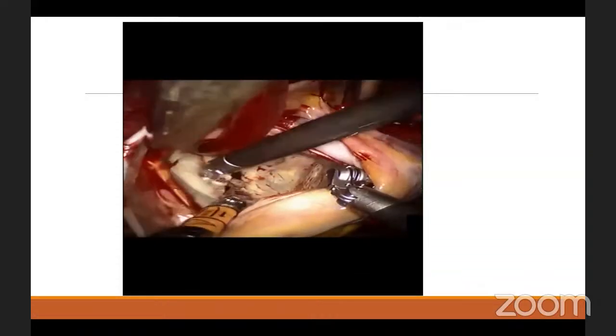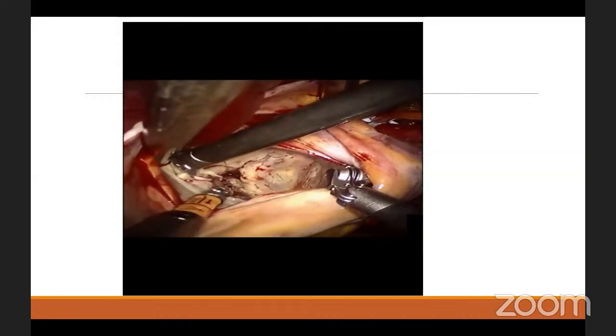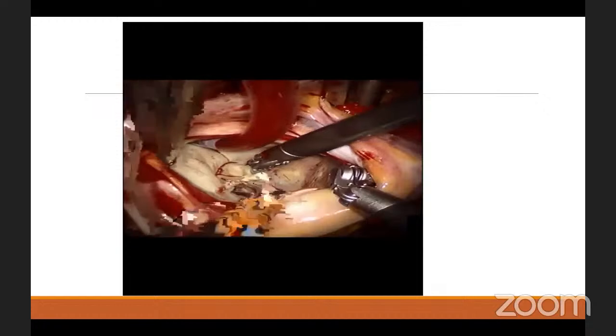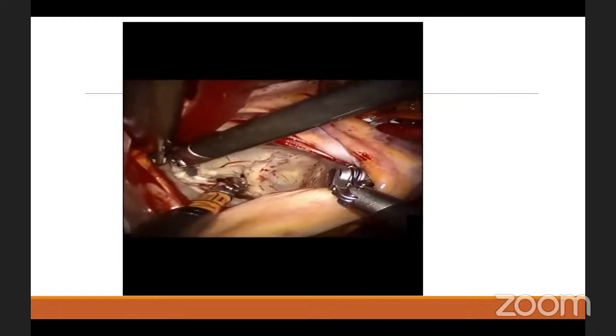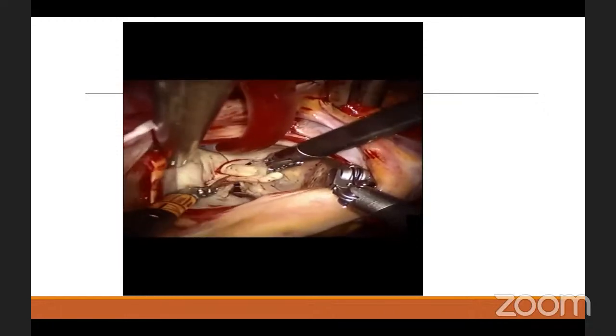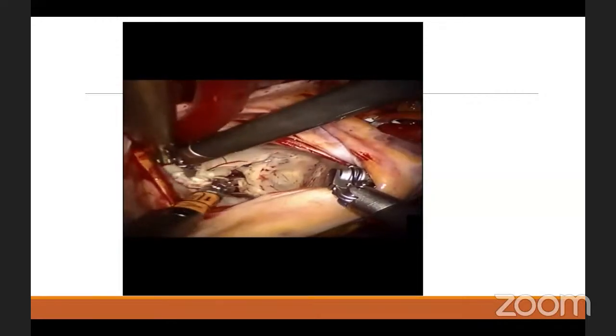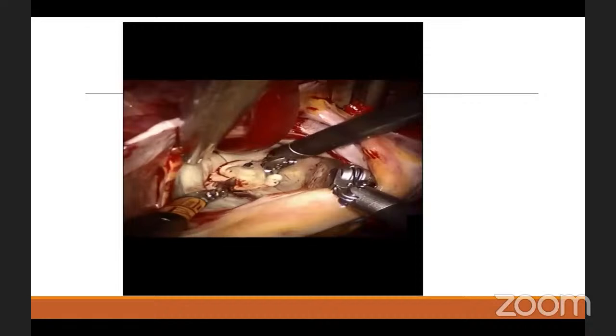So you can see here it's the same previous step. Inspect the valve and identify the prolapse segment. After that, the entire prolapse segment should be resected. This is a triangular resection of the P2 segment.